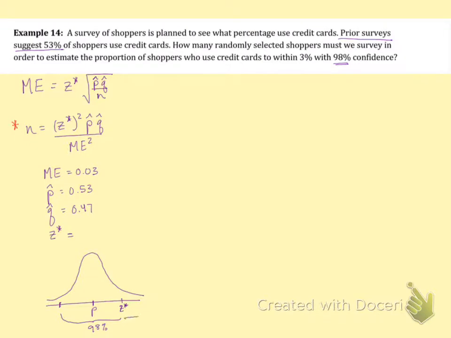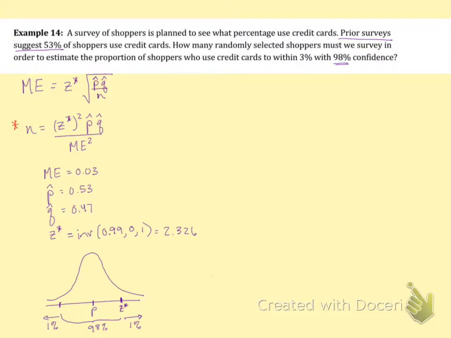We have 1% left on either end of this, which means that for this particular z star, the lower percentage is 99%. So we're going to do inverse norm with 99%. And then this is a z-score, so our mean is 0 and our standard deviation is 1. And when you do this, you will get a z-star of 2.326.